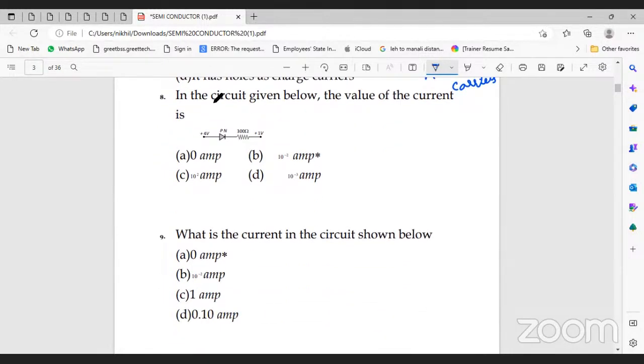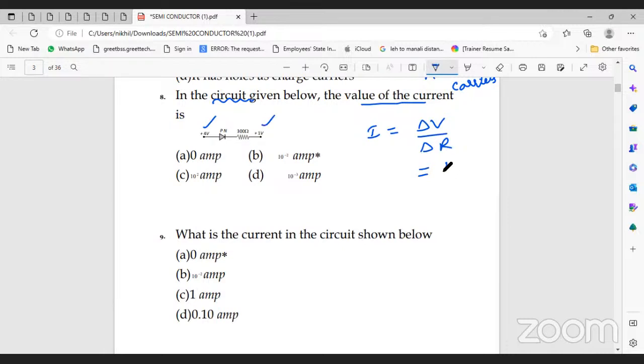Now, there is a circuit here. What is the value of the current? You know that by Ohm's law, current is defined as the potential drop divided by the resistance. Here it is 4 volt and here it is 1 volt.